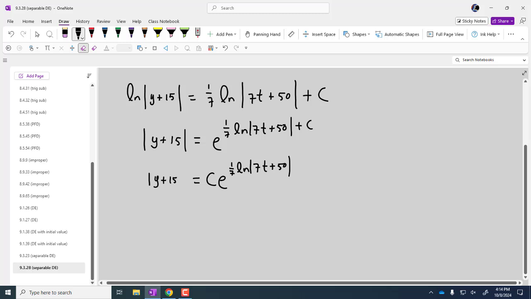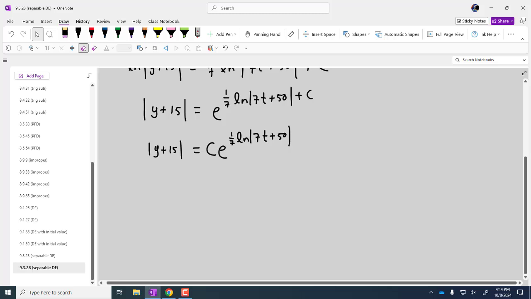So once we get here, now we can take away that absolute value because there's this arbitrary constant on the right which we can mash a sign into. So this is going to be y equals, so the absolute value goes away. We get this. And then subtract 15.